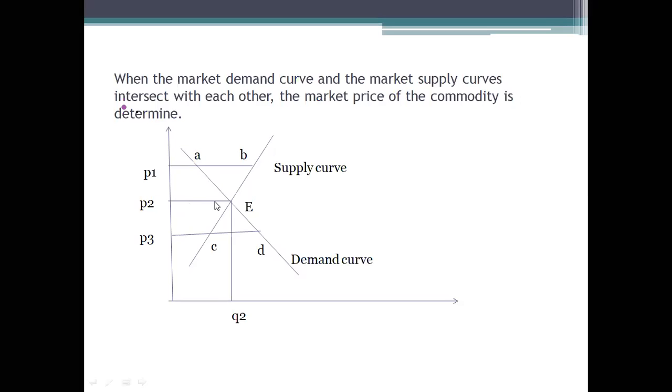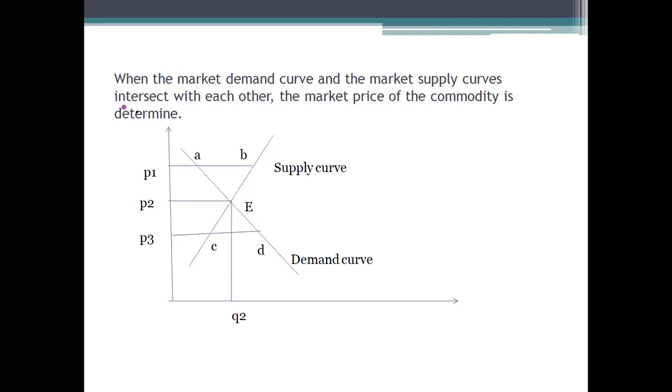If we draw a perpendicular vertical line to the demand curve, we will get this much quantity demanded. So at the equilibrium point, P2 is the price, and when the price is P2, the quantity demanded is OQ2. So at the equilibrium point, the price of a commodity is determined.